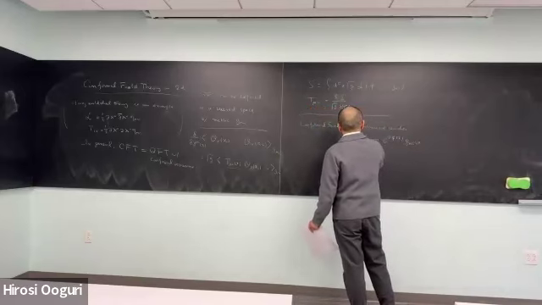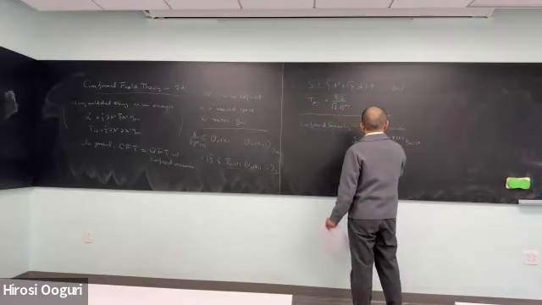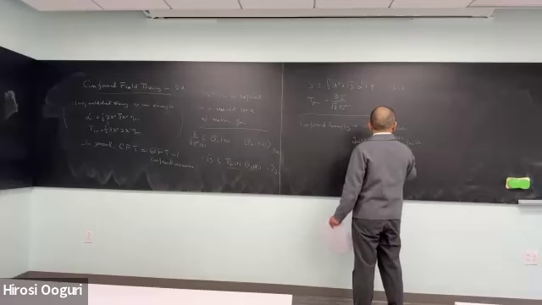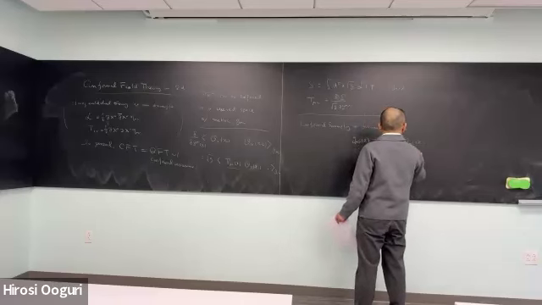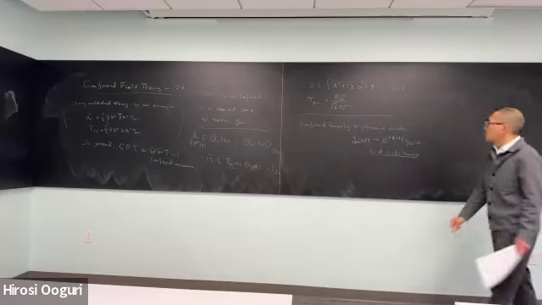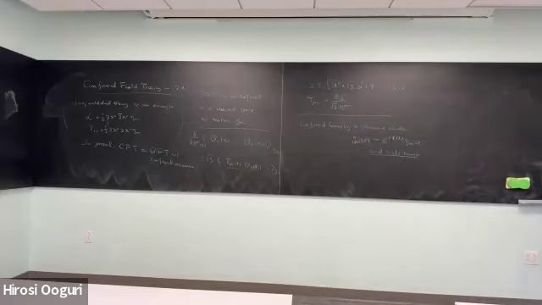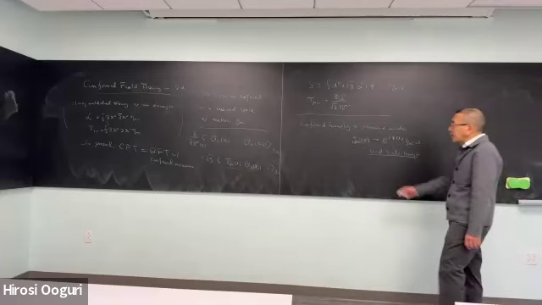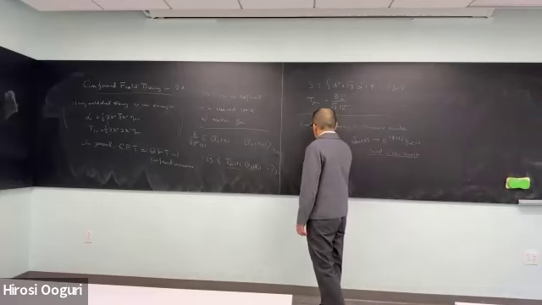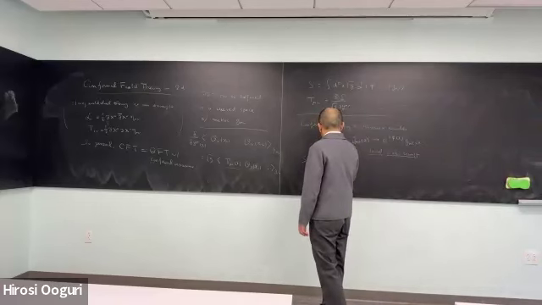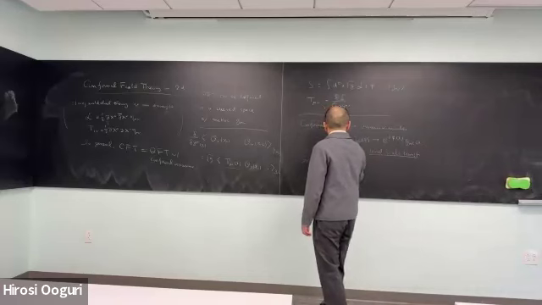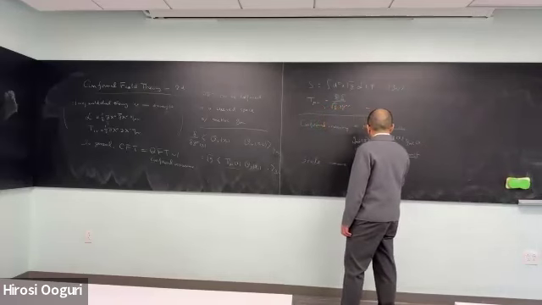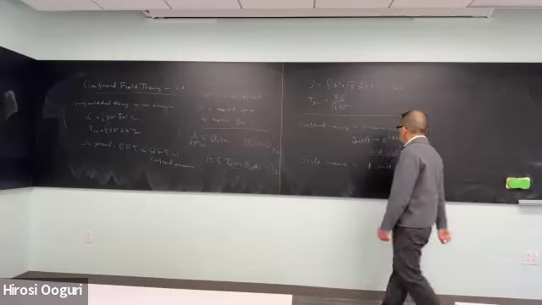So it's a local scale transformation. There is also something called scale invariance, which is the case when phi is constant.